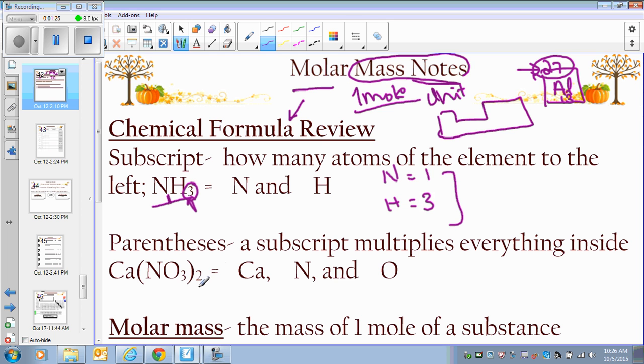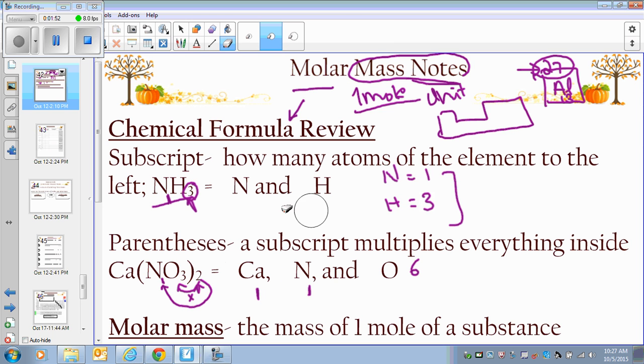If you see a parenthesis with a number outside it, this number multiplies with everything inside the parenthesis. So it's 2 times 3, that makes oxygen 6. It is 2 times 1, that makes nitrogen 2. And this number does not apply to calcium, it only applies to what is inside the parenthesis, so calcium will only be 1.